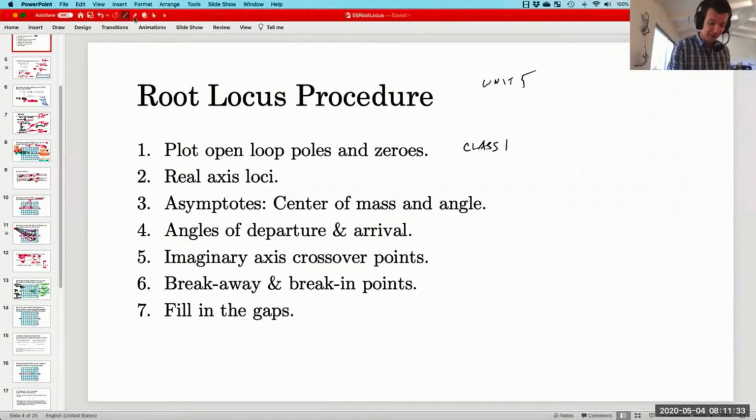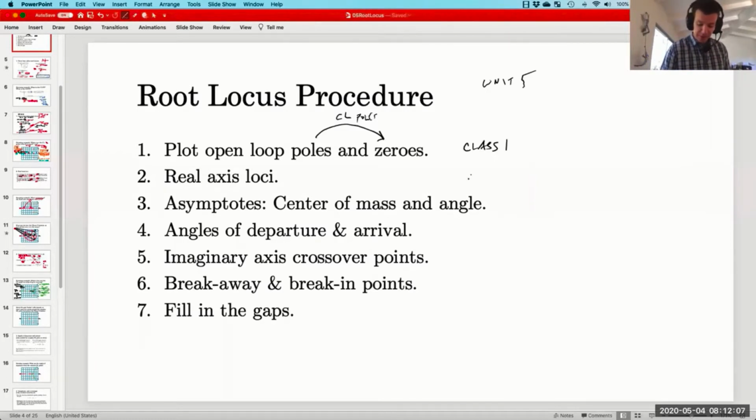So by and large, the idea is that closed loop poles will migrate from open loop poles to open loop zeros. Now, that would be true if there were an equal number of open loop poles and zeros. If there are a dissimilar number of open loop poles and zeros, then some of the root locus branches, and to review, a branch is the path of a single closed loop pole, have to either start off the page or, more commonly, end up off the page.